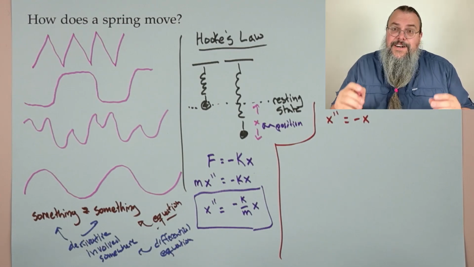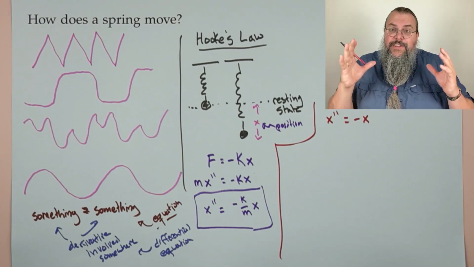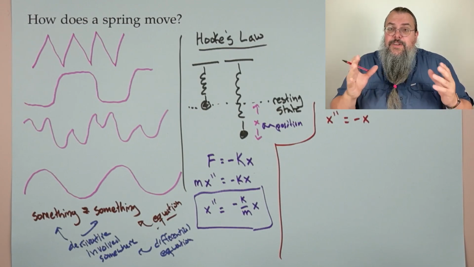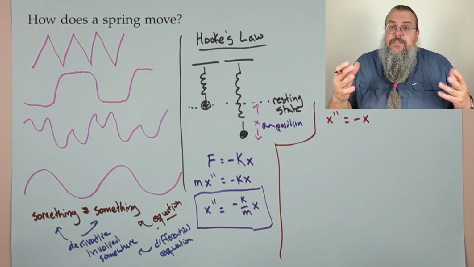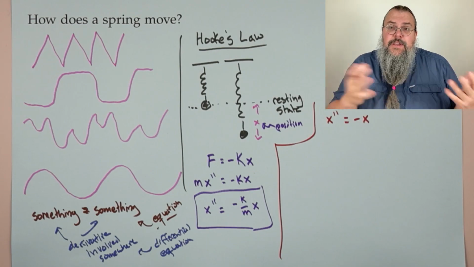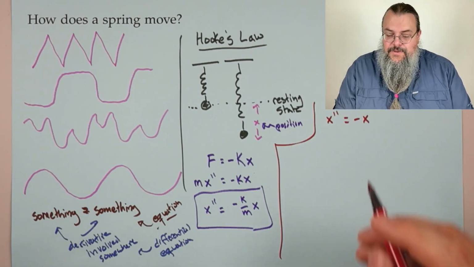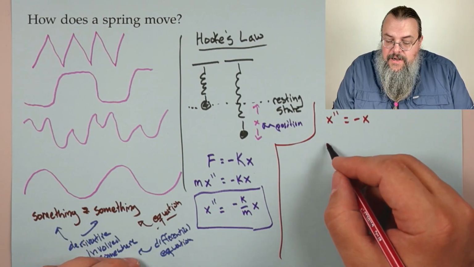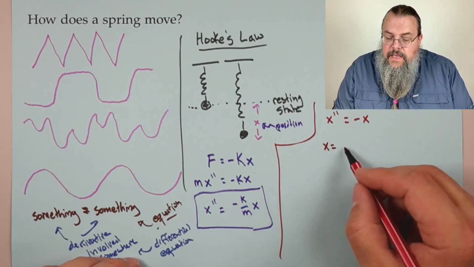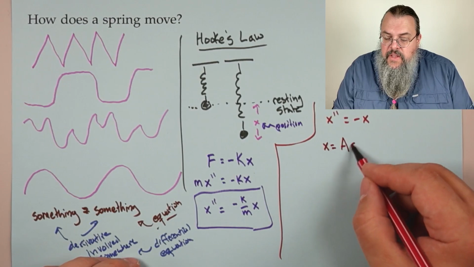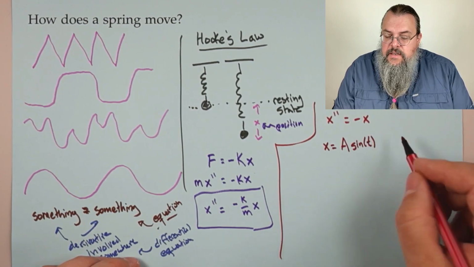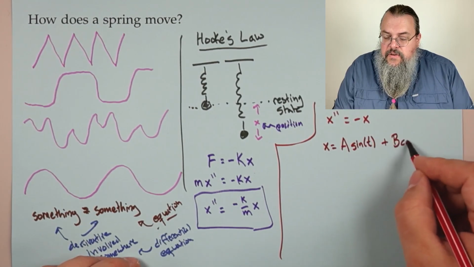So we say, ah, this looks like sine, or it looks like cosine. And so then we can say, well, actually, really, it could be either one, sine or cosine, or a combination of the two. So our great aha says, oh, x looks like something sine plus something cosine.